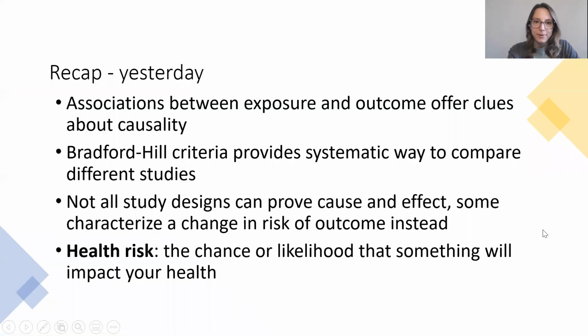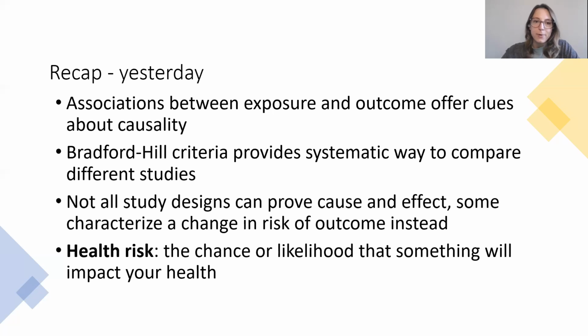But we'll start with a quick recap from what we talked about yesterday. We covered a lot of ground yesterday. Hopefully you didn't find the information too overwhelming. To sum up the key things that we discussed, we covered associations, specifically associations between exposures and outcomes, so two variables there, and how those associations can offer some clues about causality.